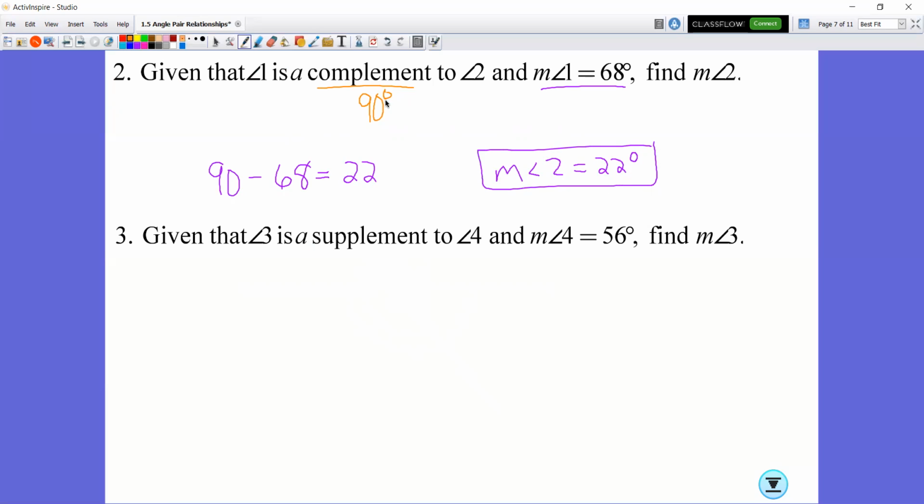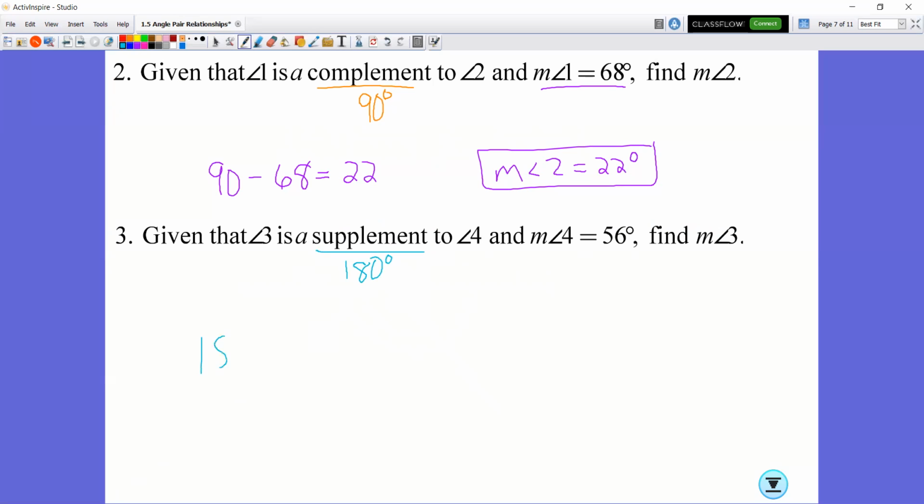All right, now let's look at the next example. Number 3 says, given that angle 3 is a supplement to angle 4, and the measure of angle 4 is 56 degrees, find the measure of angle 3. What does it mean to be supplementary angles? 180 degrees. That's right, it adds up to 180. So that's what we're going to start with.